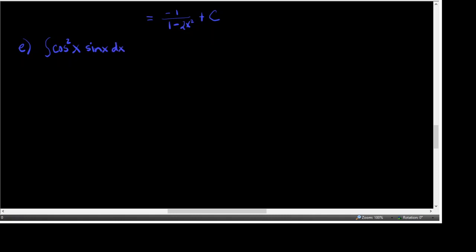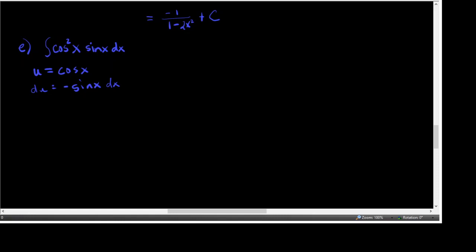So the inside function of that squaring is cosine x, so the inside function will be u. U is equal to cosine x. The derivative of cosine x is negative sine of x. Then multiply that by dx.